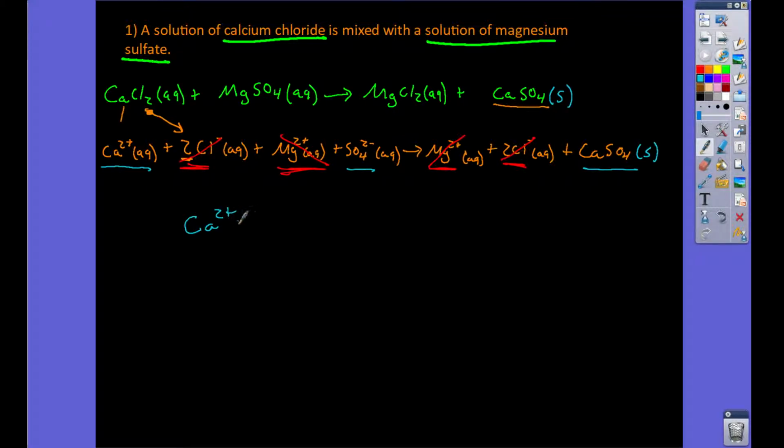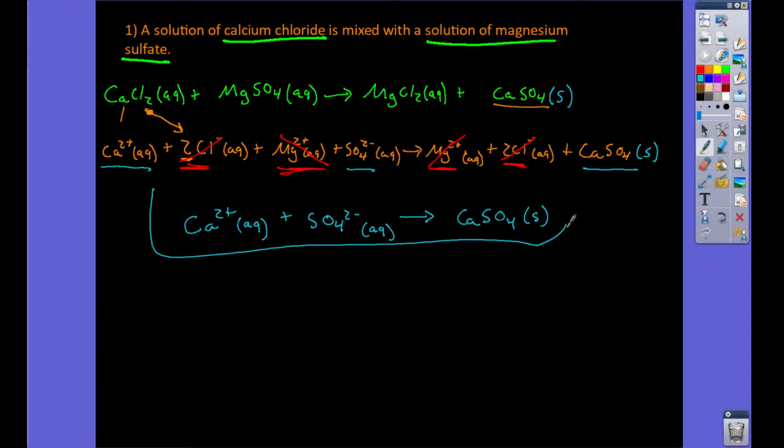So I have Ca2+, which is going to be aqueous, plus SO4 2-, which will start out aqueous, is going to create calcium sulfate, which is our solid precipitate. And so that would be the complete net ionic equation for this example.